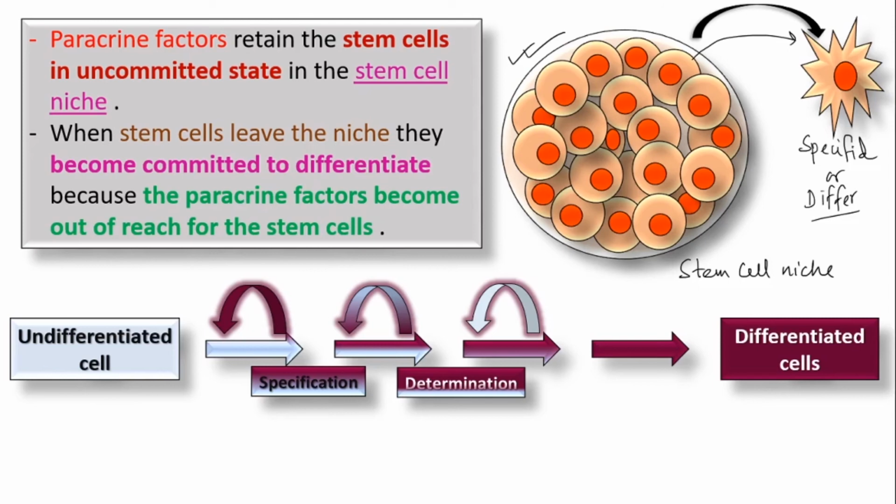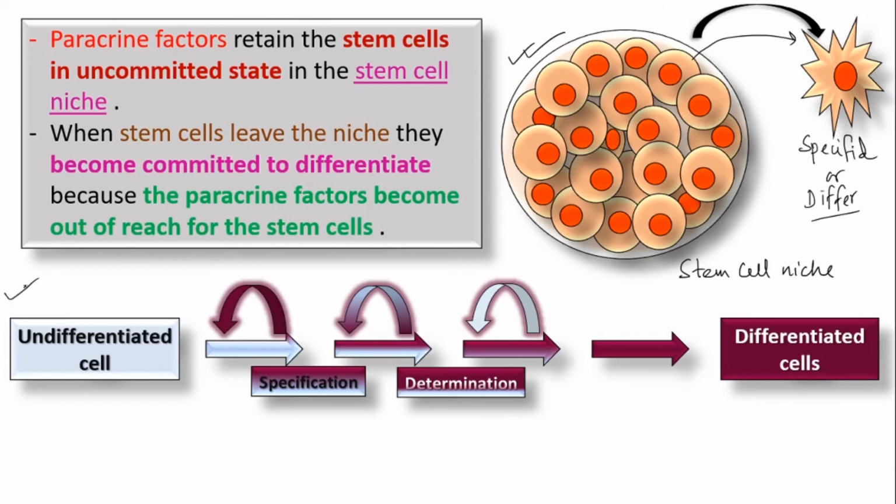But if any cell leaves this niche, the paracrine factors cannot reach it, and the cell gains its final fate and does not regain its undifferentiated state.